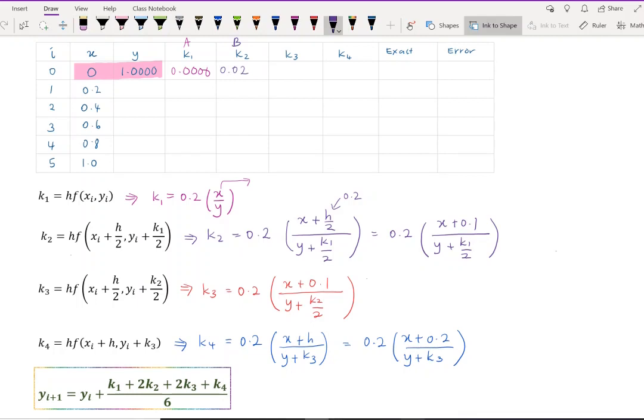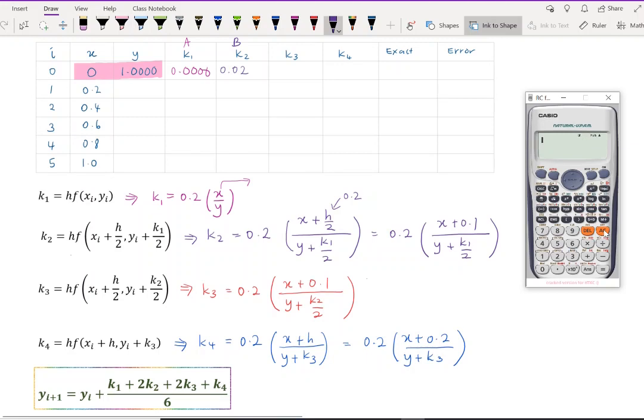Now proceed to the value of K3. So insert the equation for K3 in the calculator. We consider K3 equals C. So C equals 0.2 X plus 0.1 Y plus K2, and our K2 now is B, so change the K2 into B. Okay, now click calculate, insert the value of X and Y for the first row, still 0 and 1.